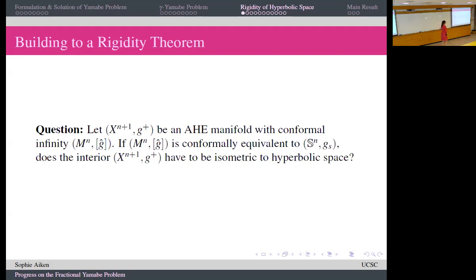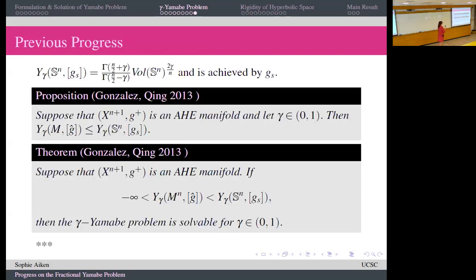Okay. So now going forward, we want a way to handle, as before, the case when this fractional Yamabe constant is actually equal to that of the sphere.